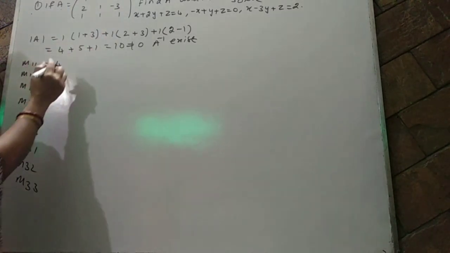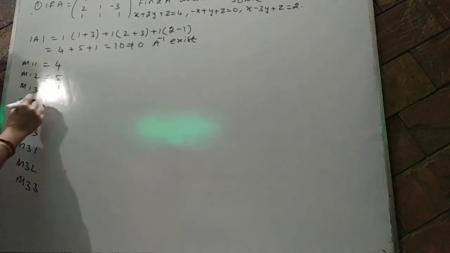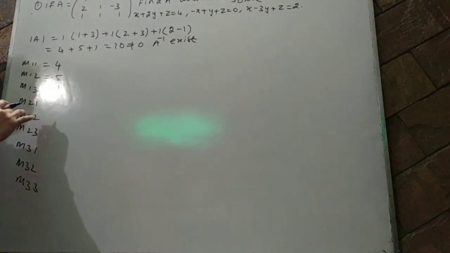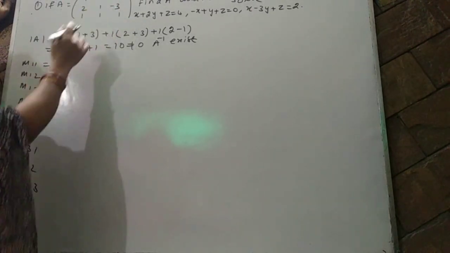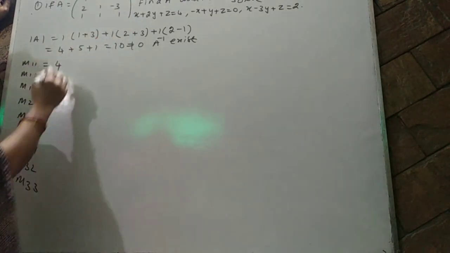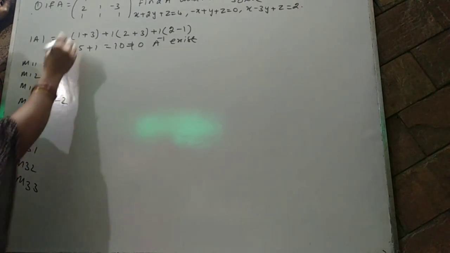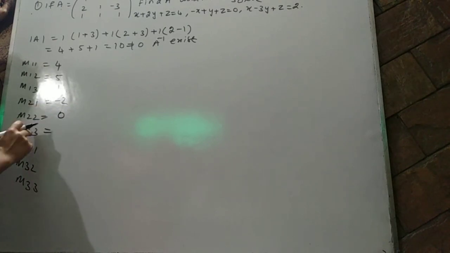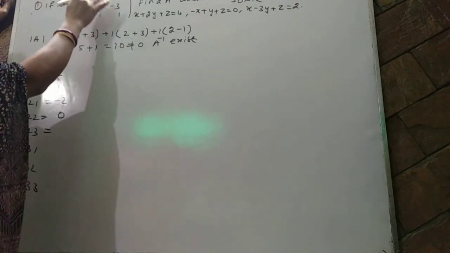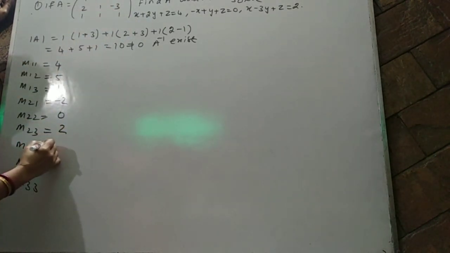Then first row, third column, that is 1. Now second row, first column, we get 1 minus 3, that is minus 2. Then second row, second column, 1 minus 1, we get 0. Then second row, third column, 1 plus 1, that is 2.